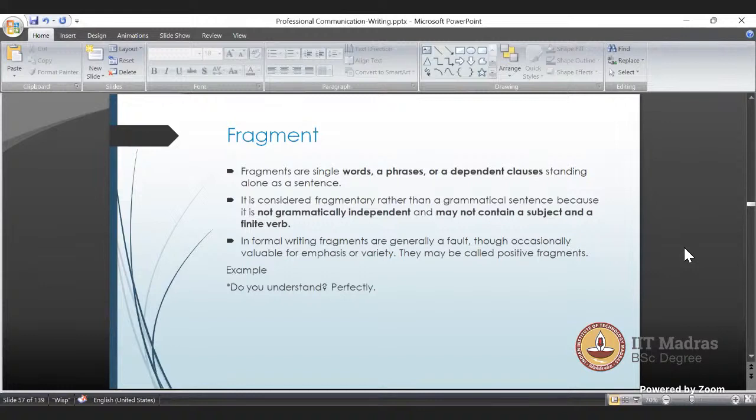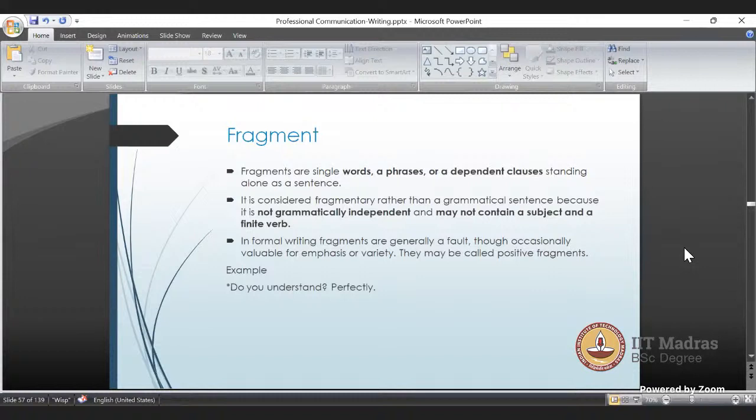In such cases, if variety is quintessential to the form that you are writing, like say an advertisement or a promotional email, then to add variety and emphasis to it, sometimes you are allowed to use fragment. But remember, fragment is not allowed in all forms of formal writing.